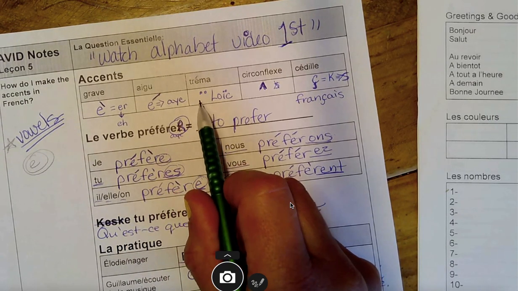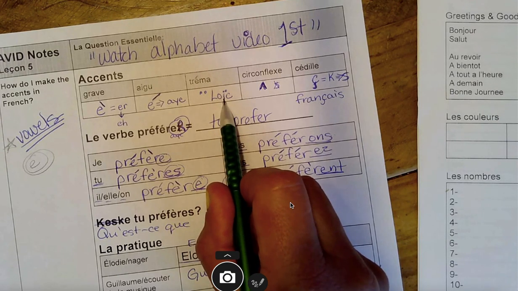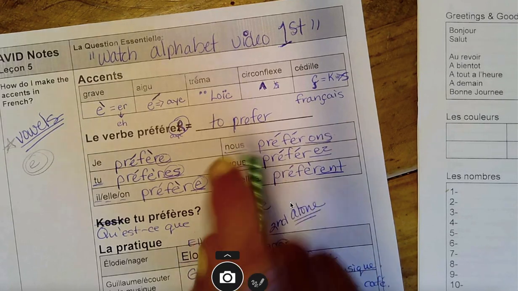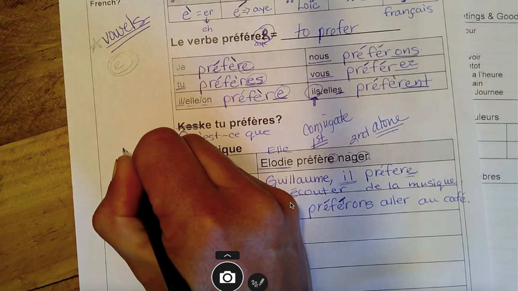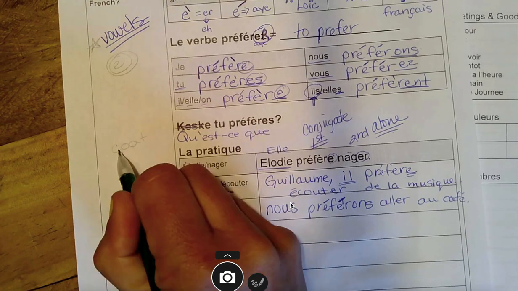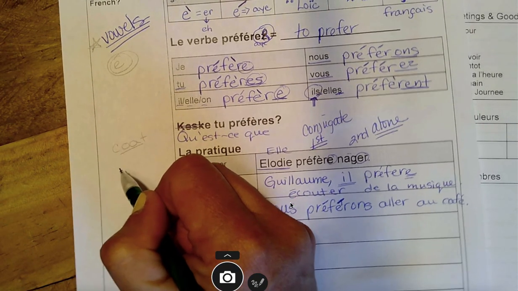Okay, let's take a look at these other ones. A tréma, the little dots. What that is, when you have two vowels together, like in English when we have two vowels together, they make one sound. So I'm going to write it off to the side. You don't have to write it. Like let's say we have OA, like in coat. It's not co-at, it's coat. This makes an O sound.